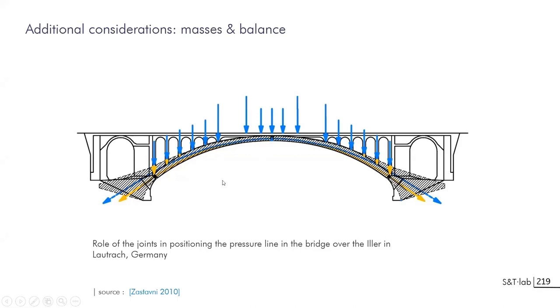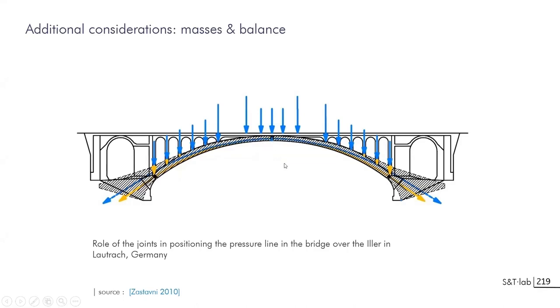This can be explained since the thrust line is a pressure, a direction of forces, and in hinges you cannot sustain bending forces. So it means that you cannot have a distance between the hinge and the trajectory of forces that would make bending appear. So it shows that a thrust line has to pass through these two supports.